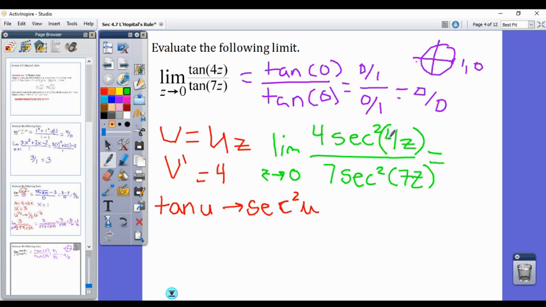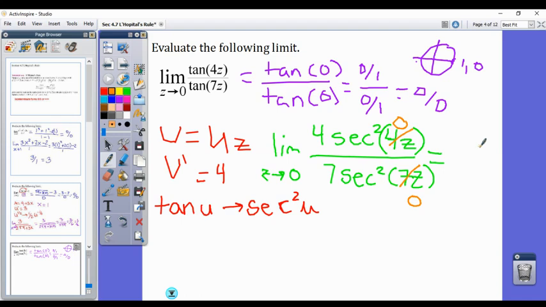So in essence, we are going to end up plugging in 0 for our z. So this and this are going to be 0. Then we have to figure out what is the value of secant at 0. What you need to remember is that secant is essentially the same as 1 over cosine.